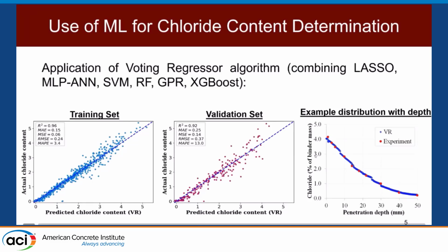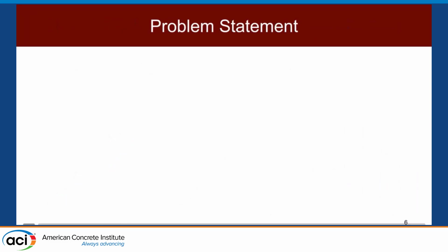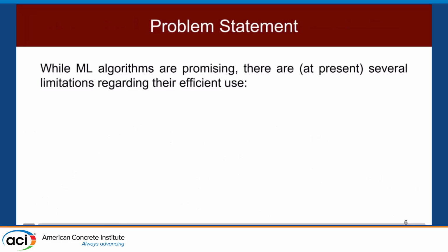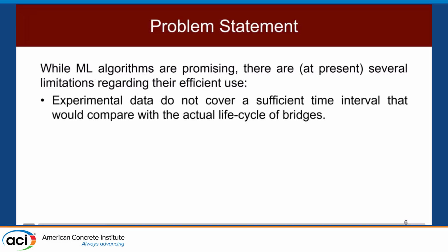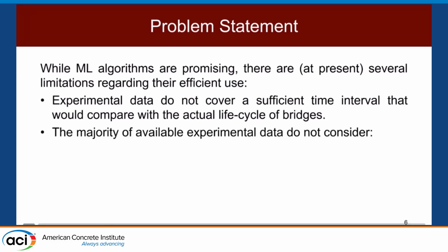Okay, well, the problem, which is what constitutes the motivation for the remainder of this presentation, is that while these machine learning algorithms are indeed very promising, there are at present several limitations regarding their efficient use. First of all, the available experimental data on which the previous slides eventually relied do not cover a sufficient time interval that would compare with the actual life cycle of real-life bridges.